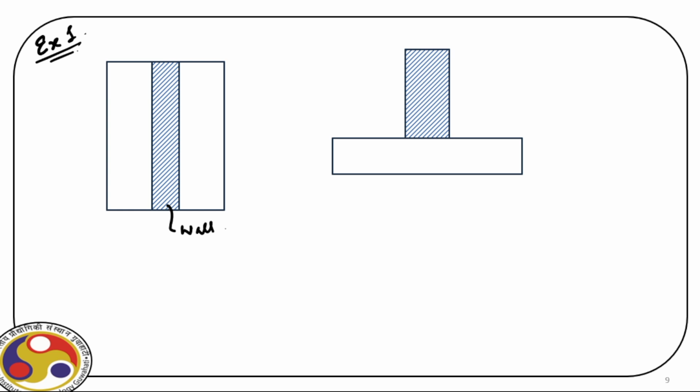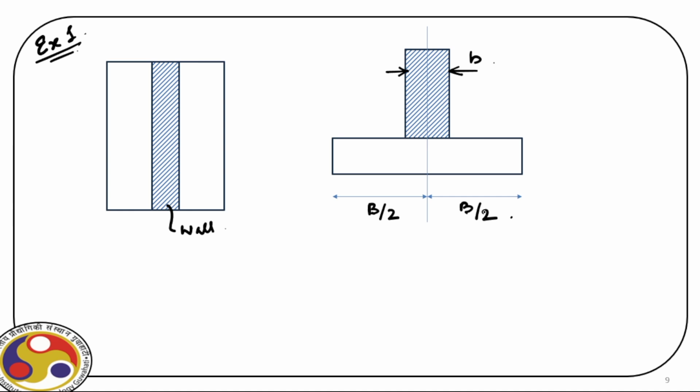For that, let the thickness of this wall be small b. So the size of this footing is capital B. So we have B by 2 and B by 2.